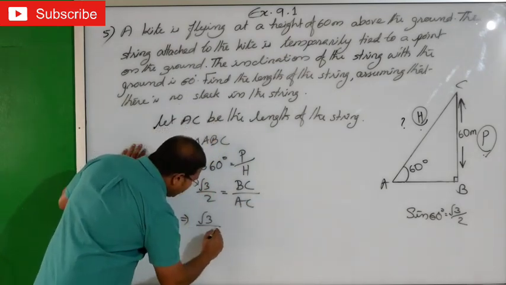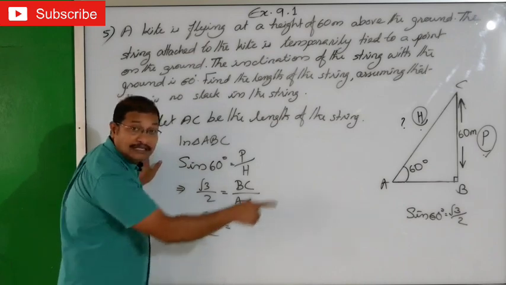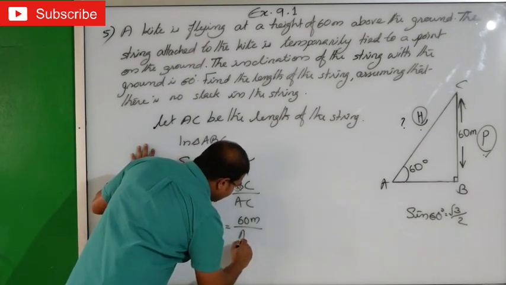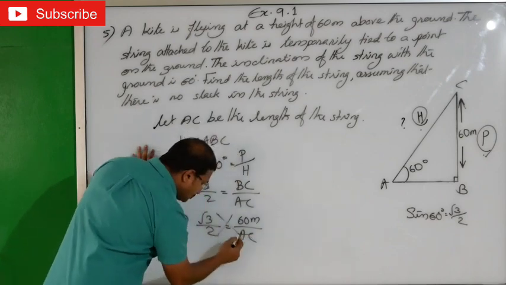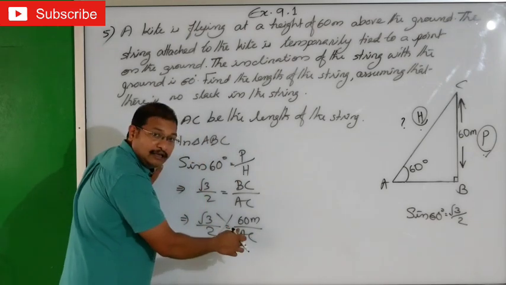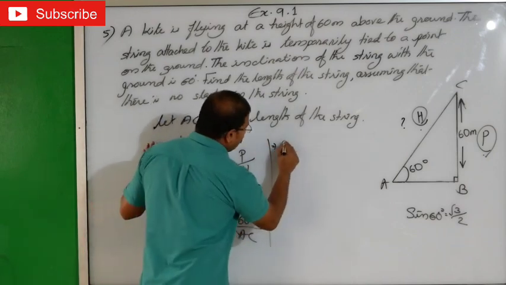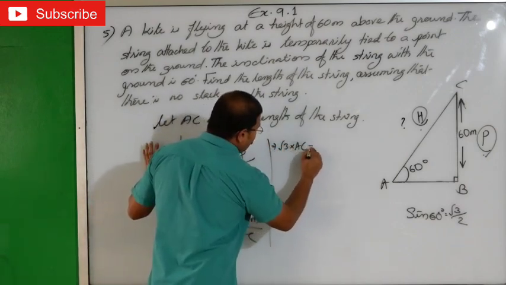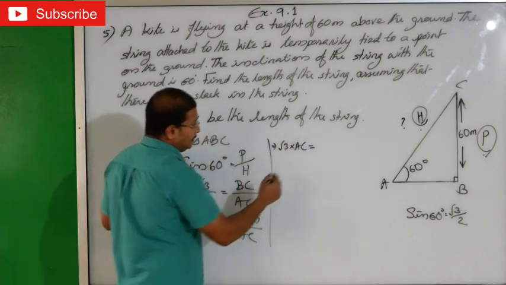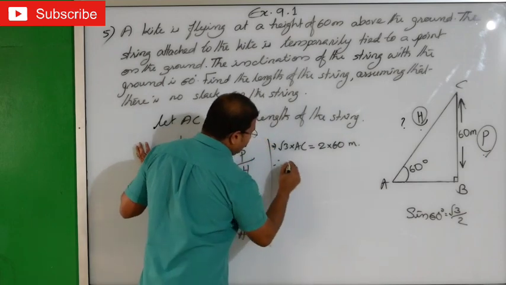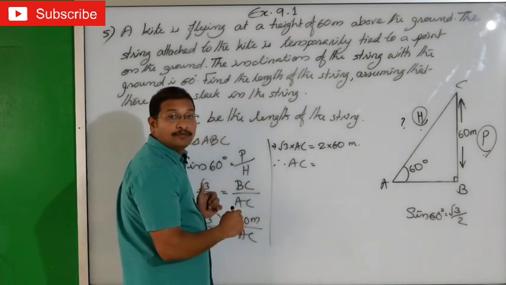Implies root 3 by 2 equals the value of BC, which is given, 60 meter divided by AC. Let us cross multiply. Root 3 into AC equals 2 into 60 meter.